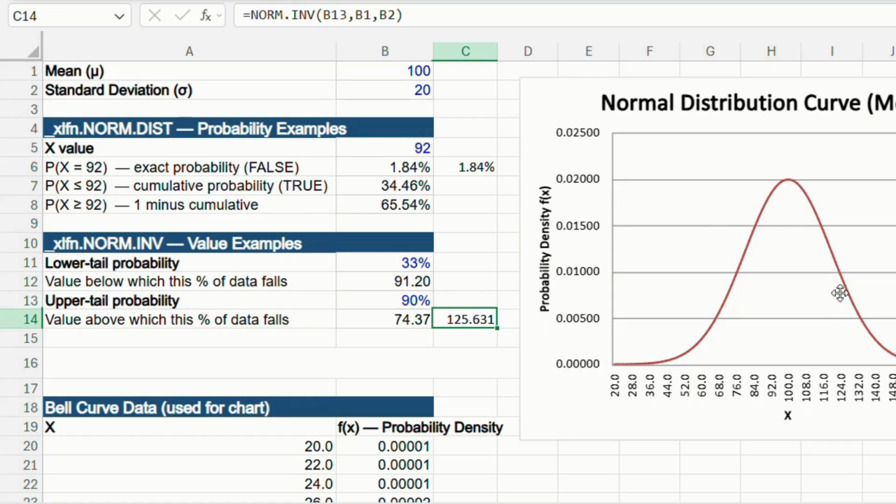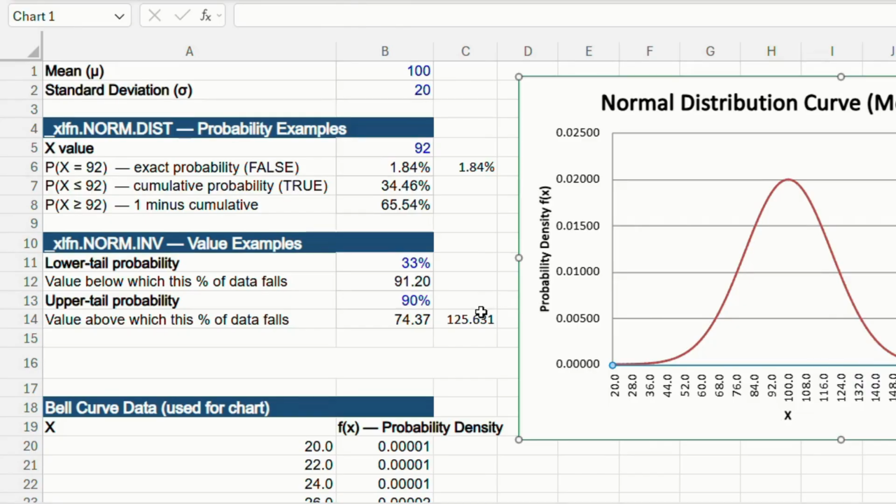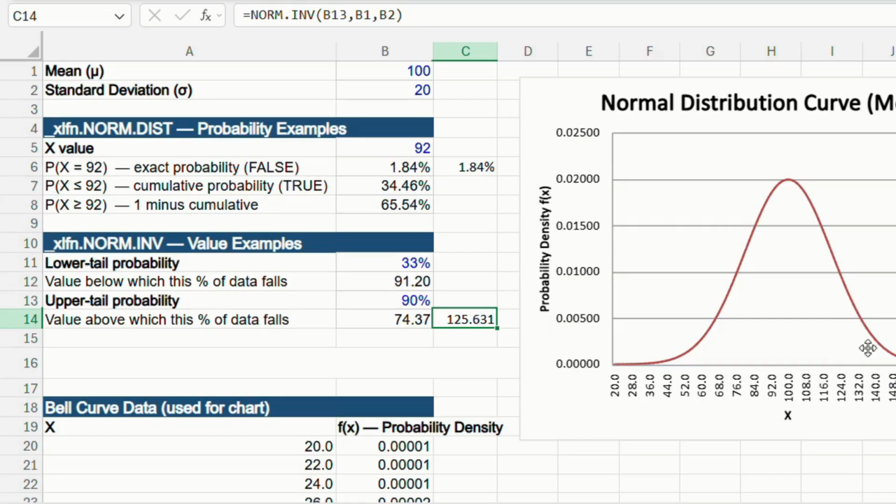It's nowhere near what we want, because if we see on the graph, this value shows up towards the left side of the curve.